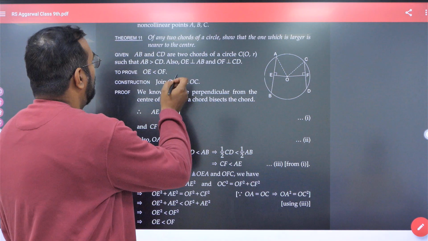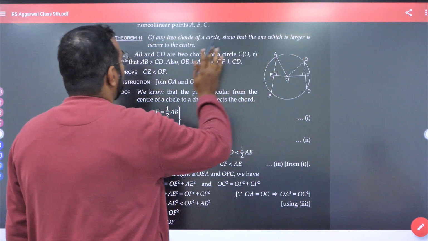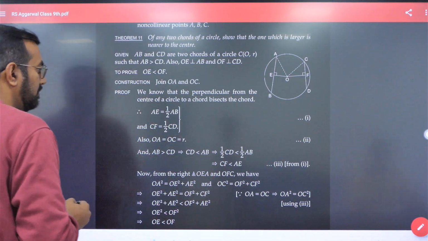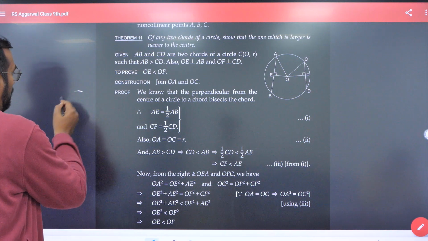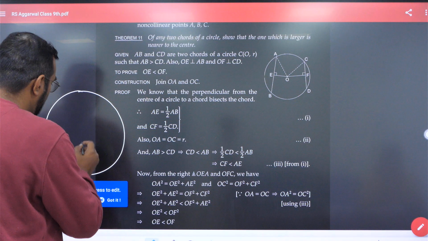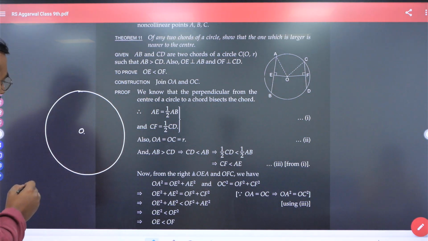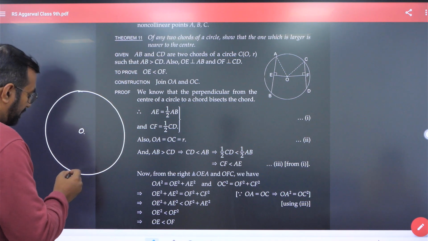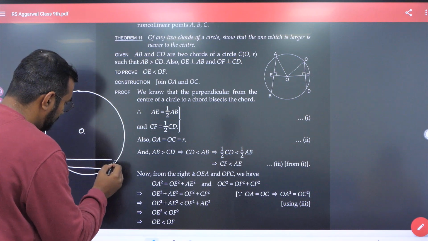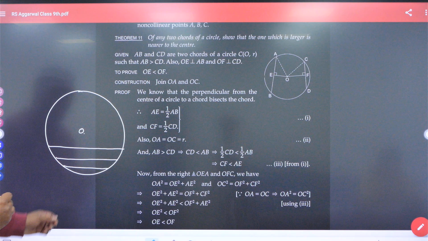Of any two chords of a circle, the one which is larger is nearer to the center. It means, as I have explained earlier, you can observe the length of the chords here. What do you observe?